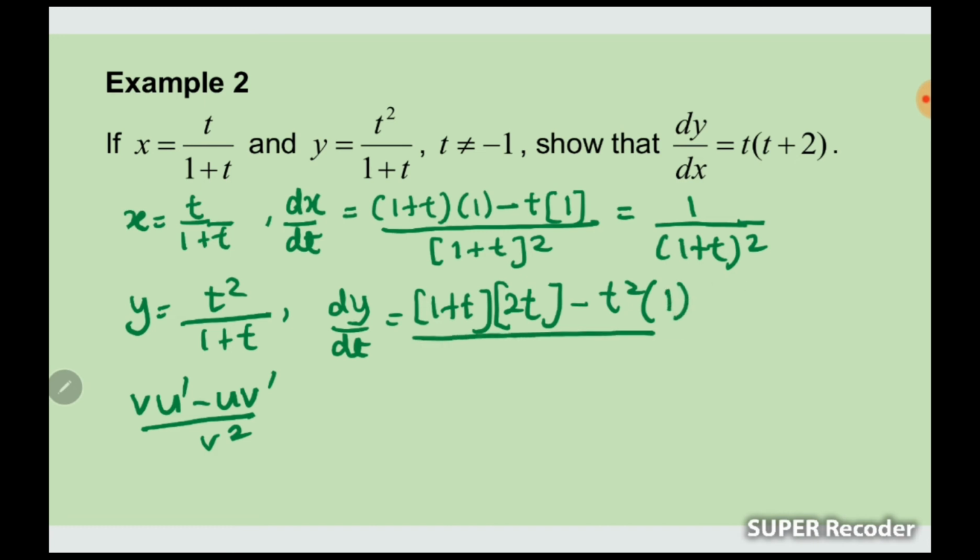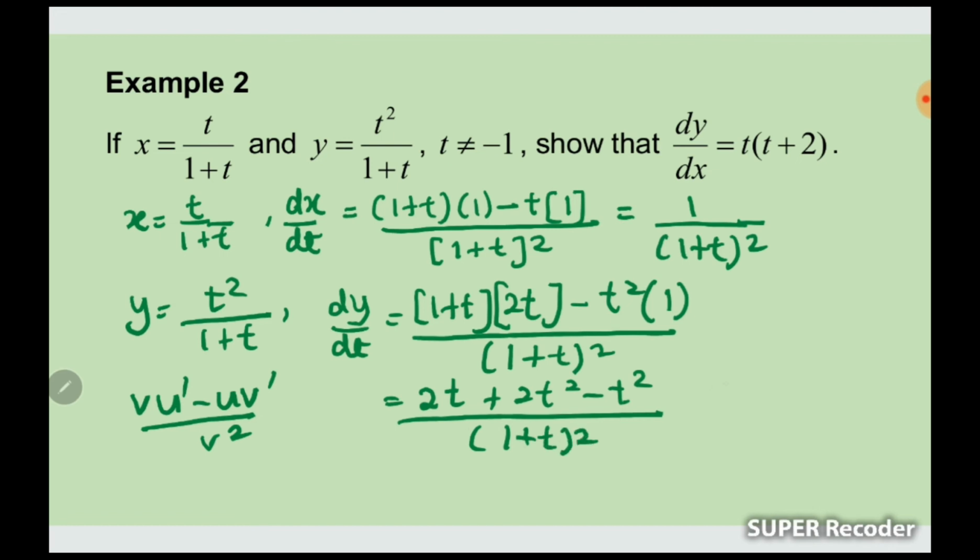You need to divide by v squared, that is 1 plus t squared. So simplify, you will get 2t plus 2t squared minus t squared over 1 plus t squared. So simplify to get the answer 2t plus t squared over 1 plus t squared.